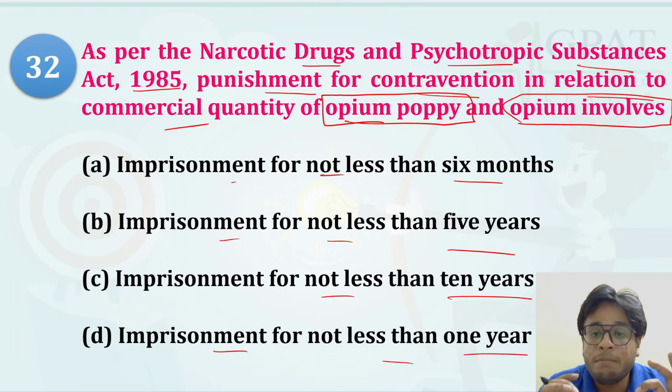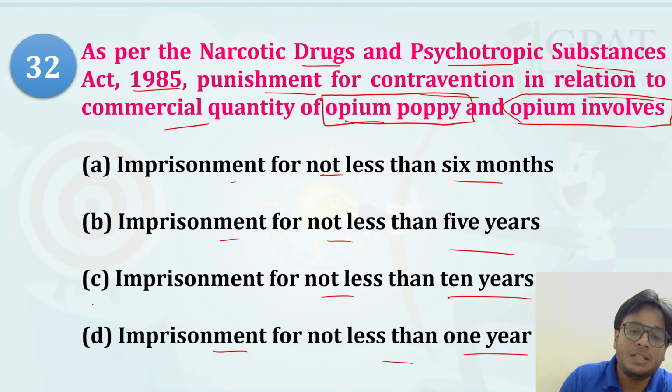That's why the imprisonment and the fine capped for that particular plant should be high. The imprisonment is 10 years, and the minimum fine for commercial quantity contravention of the Narcotic Drugs and Psychotropic Substances Act 1985 is 1 lakh rupees, but the imprisonment should not be less than 10 years. So option C is going to be the correct answer.